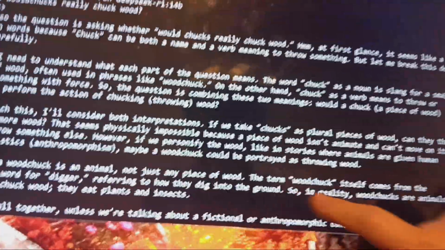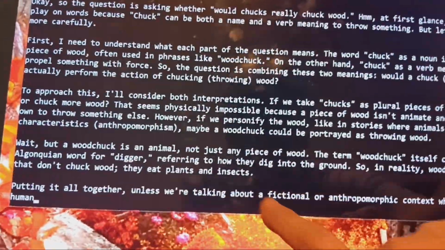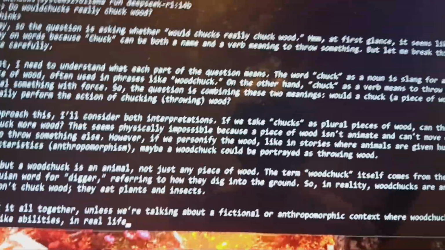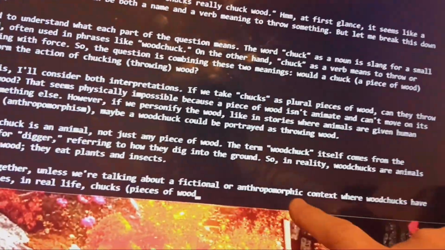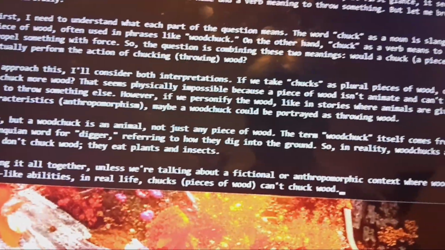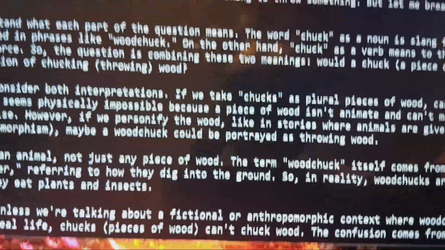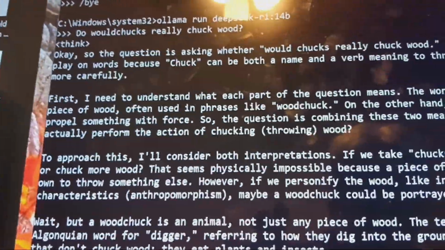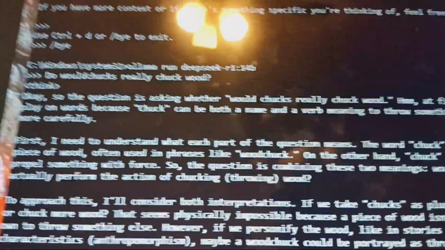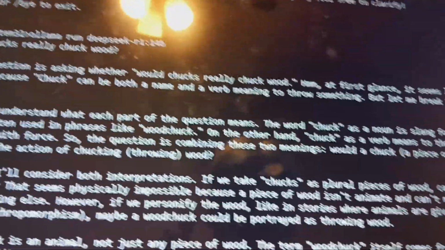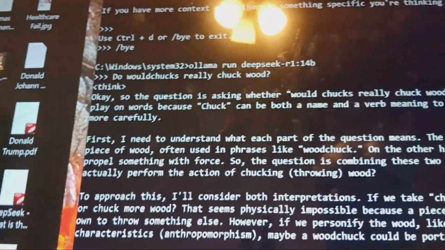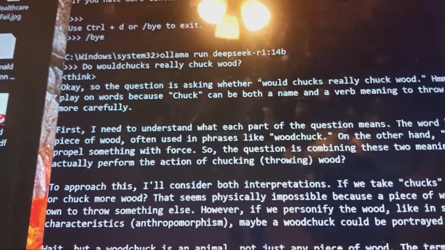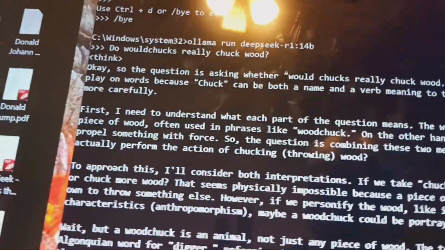And it's telling me pretty much the same thing that woodchucks do, but with different words and whole different contexts. Whether it's fictional or anthropomorphic context of woodchucks, I mean, it's really evaluating what does this person mean? What is he asking? Is he leading a playful but misleading question? Talking about the noun-verb relationship. Is that what the confusion is about?